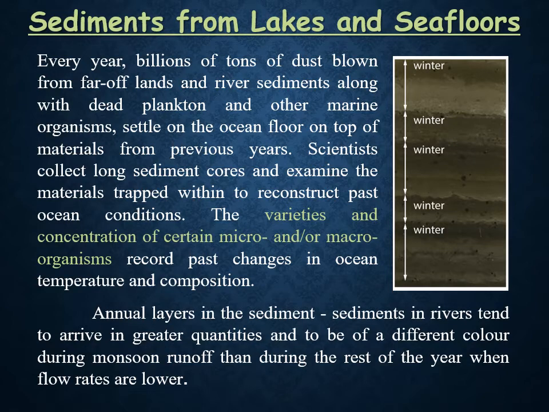So often we find that in the lakes and sea floors, some kinds of annual layering are formed. Here you can see this type. Now with the help of this type of annual layering, we can get a precise yearly resolution.